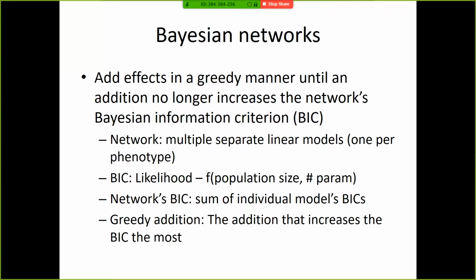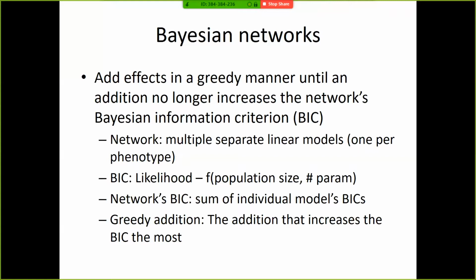These will only be fixed effect linear models. The BIC is the likelihood of a particular model subtracted by a penalization term, which is a function of the population size and the number of parameters in that model. The network's BIC is simply a sum of the individual model BICs. And greedy addition means the addition of an effect to a particular model that increases the network's BIC the most.